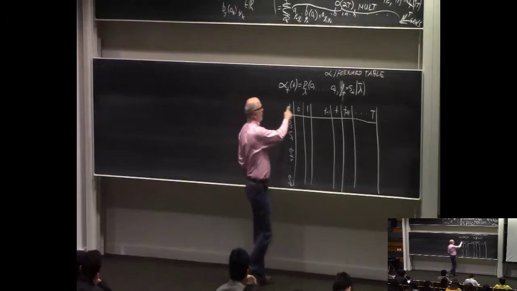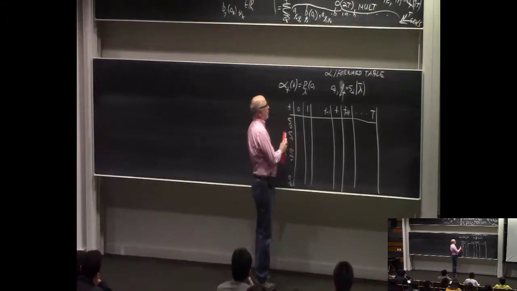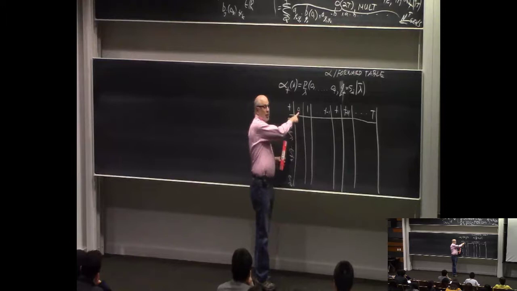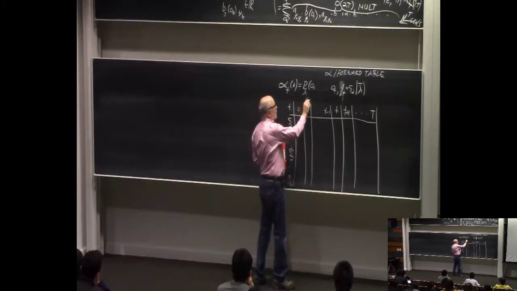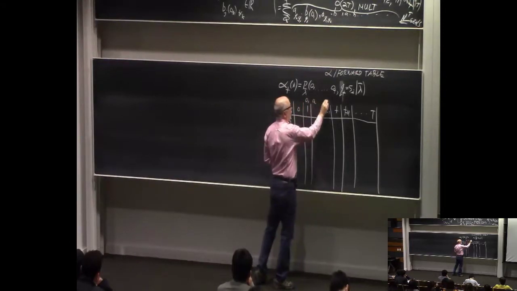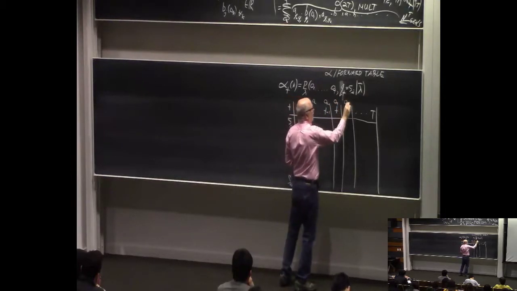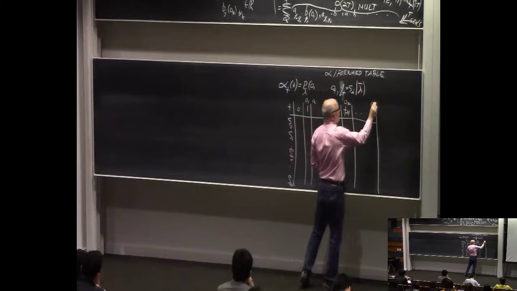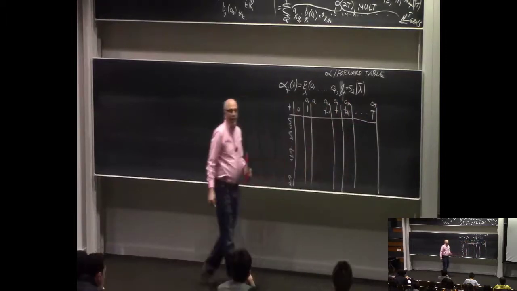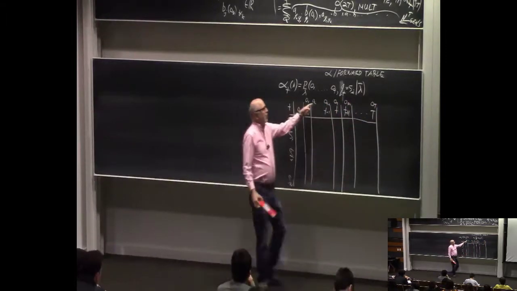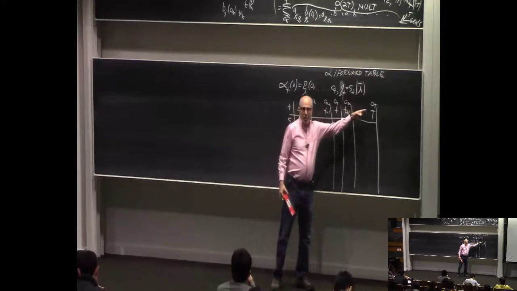I will write above the time here the observables that are related to it. 0 does not have an observable, but 1 does. So O1, O2, O t minus 1, O sub t plus 1, and here's O sub big T. These are the observables we have to account for. This is the evaluation problem.